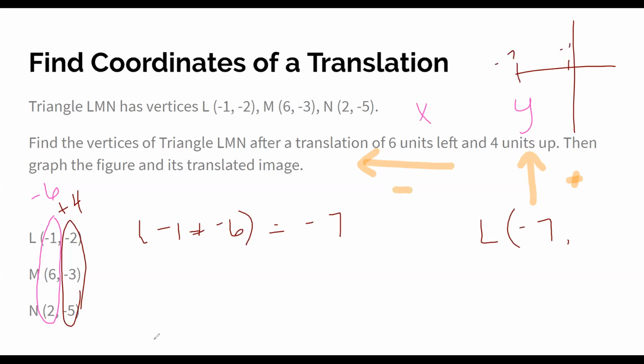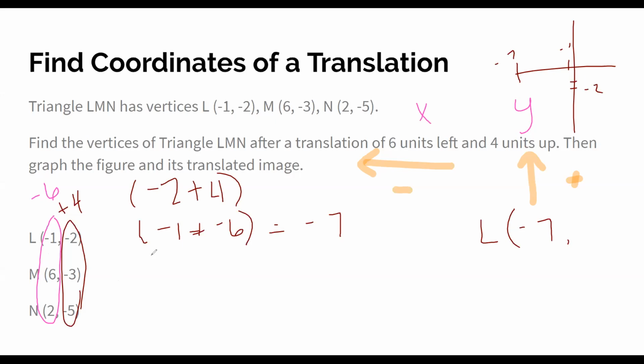Okay. And then for my Y, I'm going to go ahead and do all of L and then all of M and then all of N. So if I have -2, so I'm down here at -2, and then I'm adding, so I have -2 plus 4. Remember when you are adding or subtracting negative and positives, if you have a negative and a positive, you subtract them, but your answer keeps the sign of the larger number.